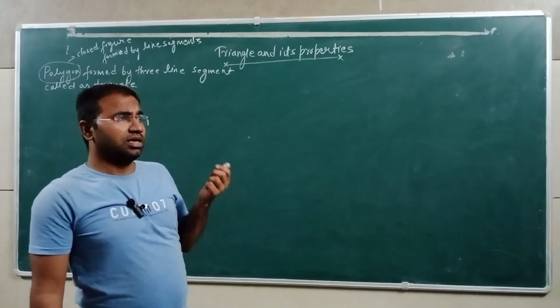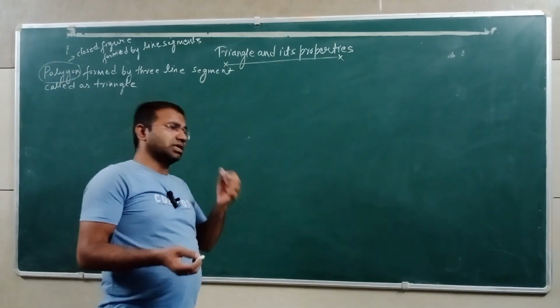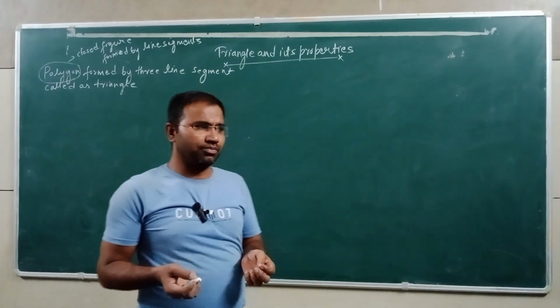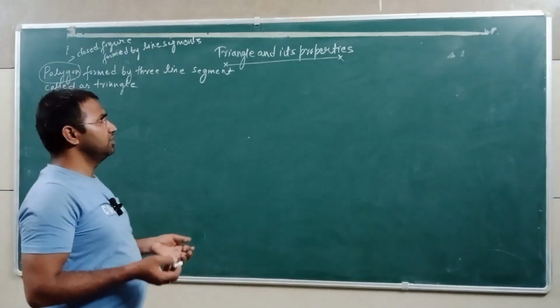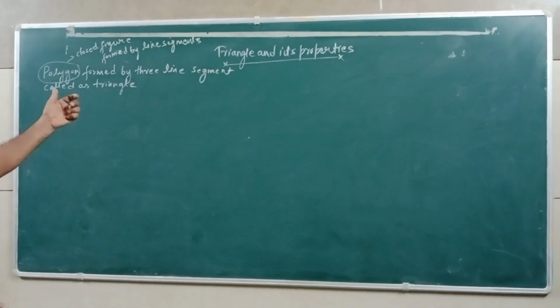Five line segments, pentagon. Six line segments, hexagon. Seven, septagon. Eight, octagon. Nine, nonagon. Ten, decagon. So here we are learning the triangle, so we will talk about the triangle.